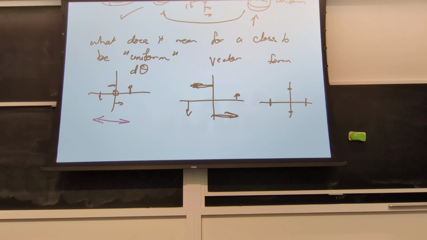Does that make sense? So if this map is F, and this is F star d theta, this guy is going to be small. And you can think of that because you're pulling back in this case. Going in this direction, F is shrinking in this direction, and so that's why when you pull it back, the form is going to be smaller than the previous guy. So what I'm trying to say is that over here in this picture, this looks uniform, but in this picture it doesn't. Right?